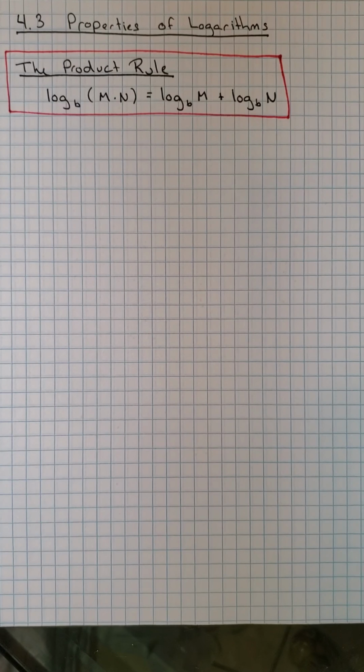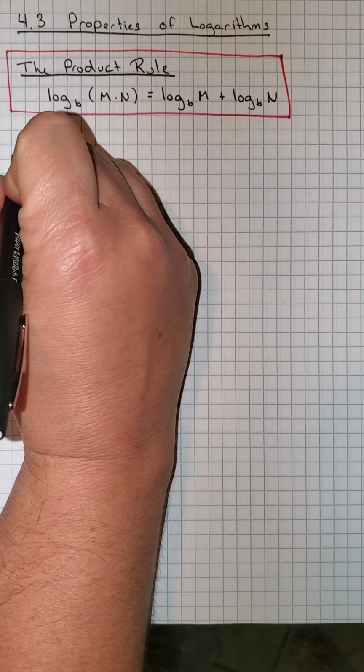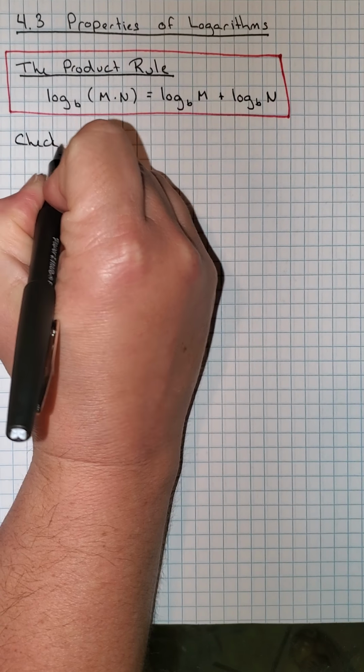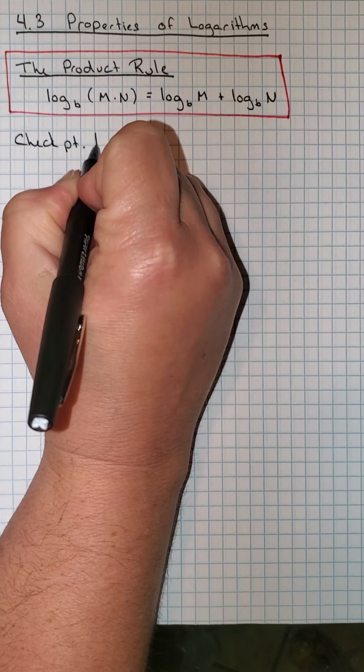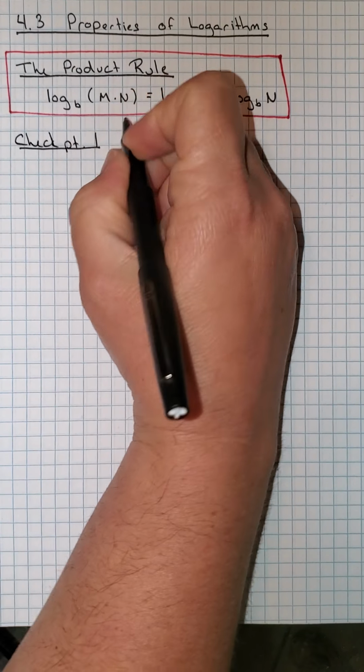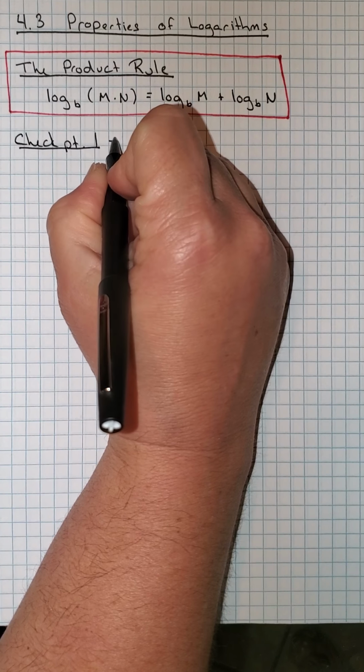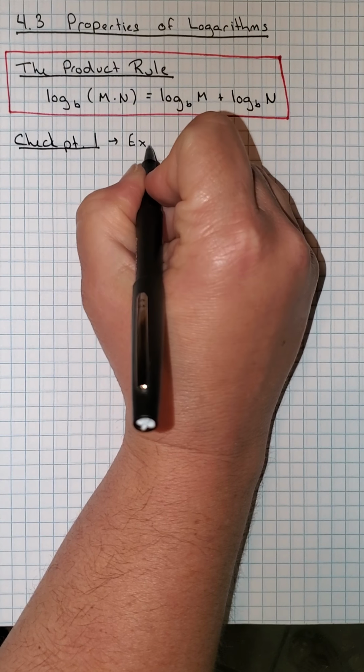Alright, so let's look at checkpoint 1. Checkpoint 1 is to use the product rule to expand. Just put expand.